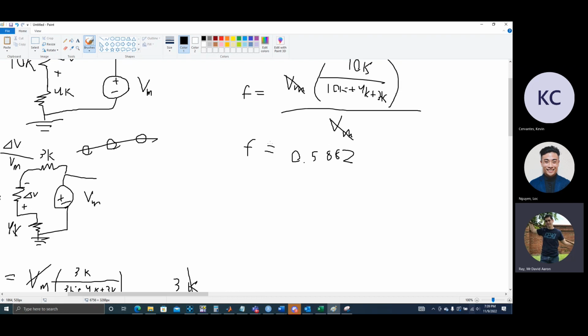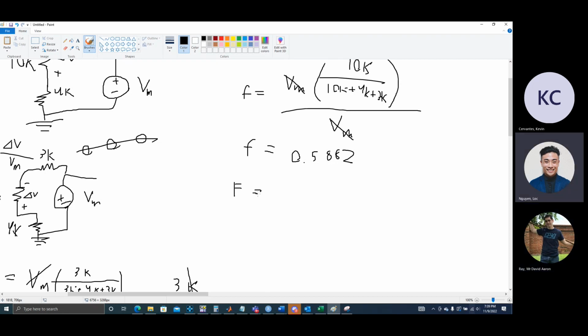And now that we have your value for F, we can calculate the forward function. Is it forward function or difference function? I think it's difference function is what they called it. Return difference. The return difference F equals 1 plus mu F. Oh, I did it again.